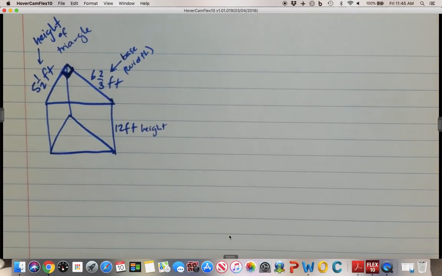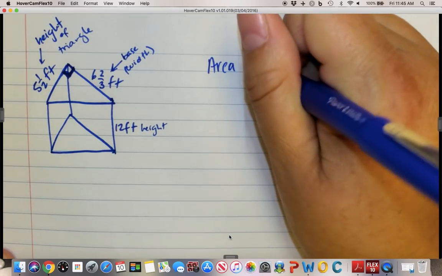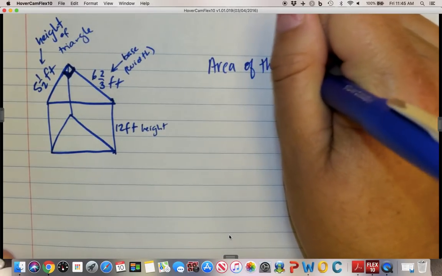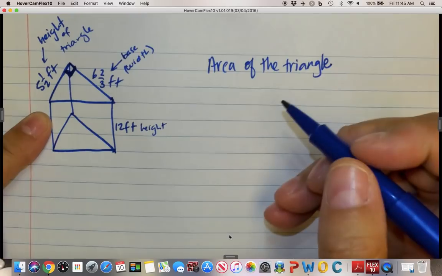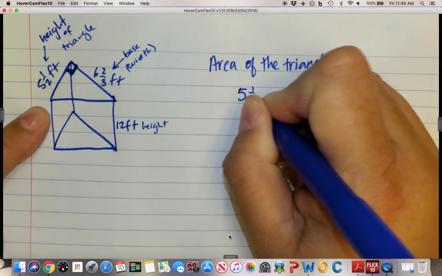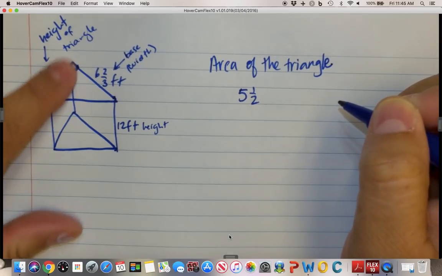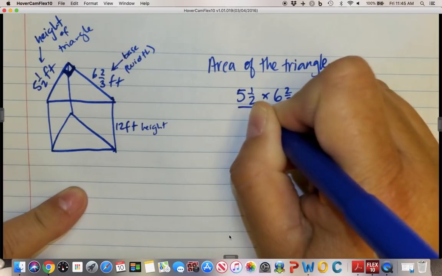Okay. So first we're going to calculate the area of the triangle. So that's going to be 5.5 times 6 2/3 divided by 2.